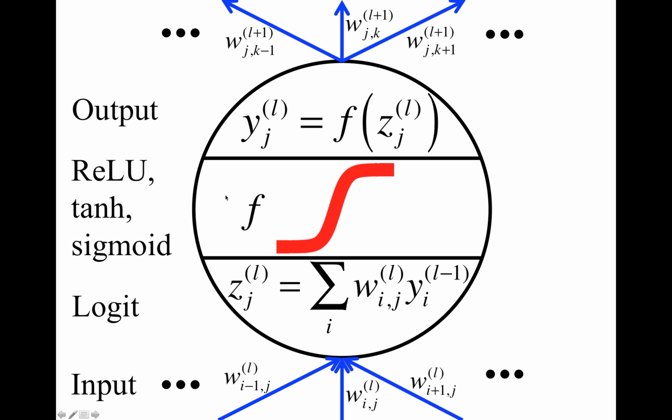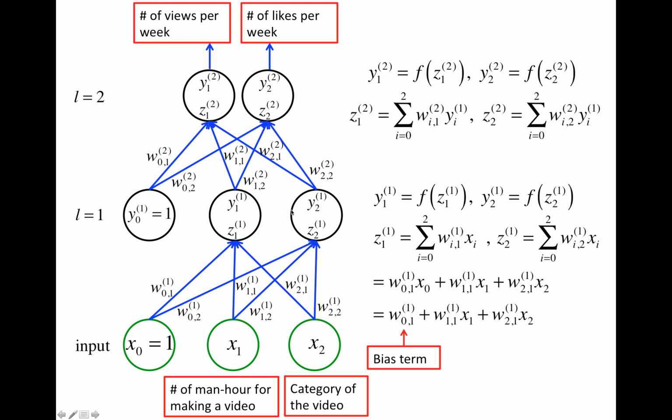But why is this specific construct useful? A single neuron is useless, but if you connect many of them together, they can really do amazing things. So here's an example of a very simple neural network.